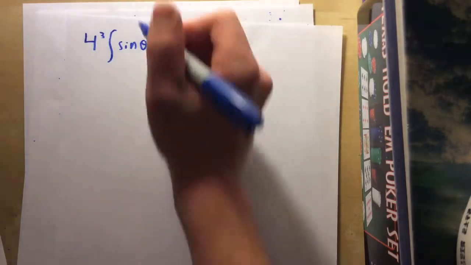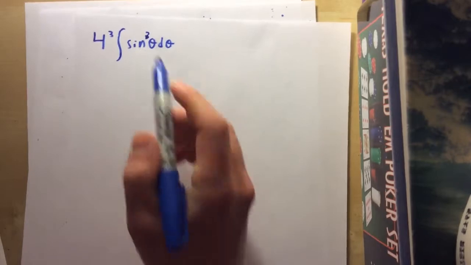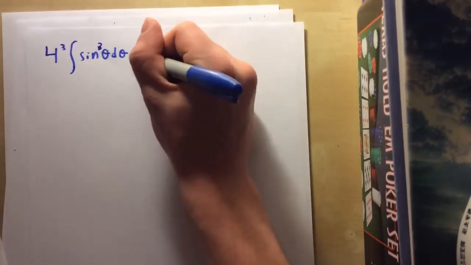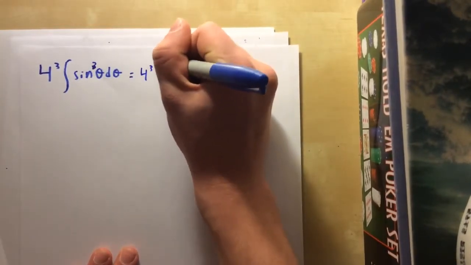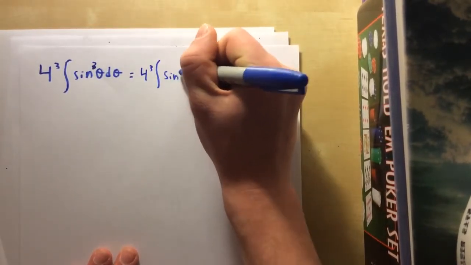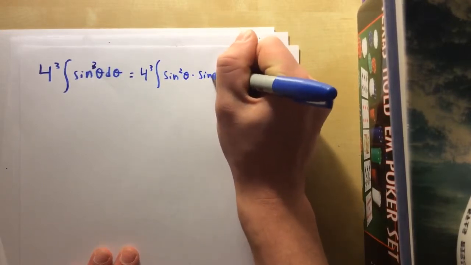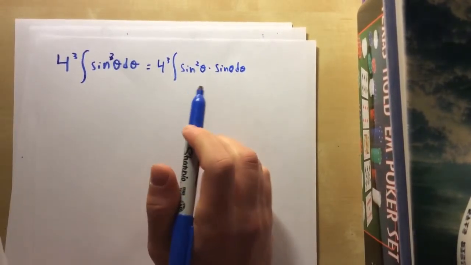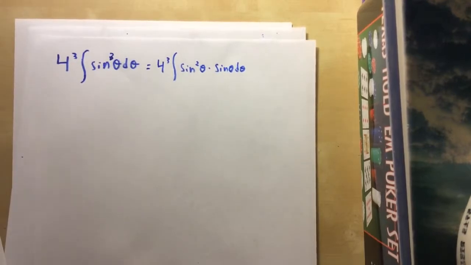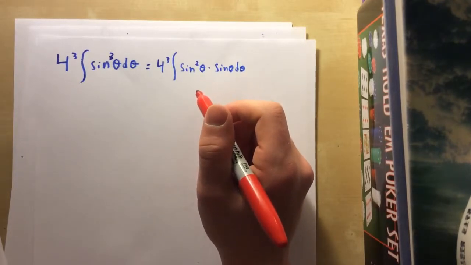Lots of times when we have odd powers of a trigonometric function, we're going to rewrite it like this. And then the next thing we can do is use one of our trig identities, which is that sine squared theta is equal to 1 minus cosine squared theta, because sine squared plus cosine squared is 1.